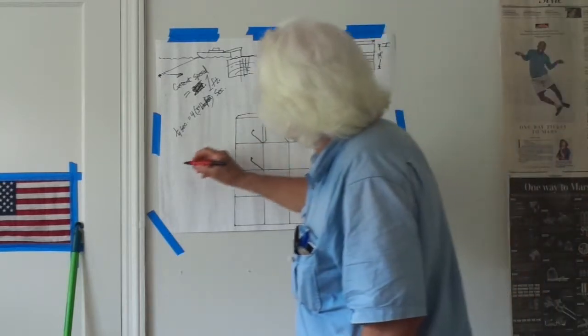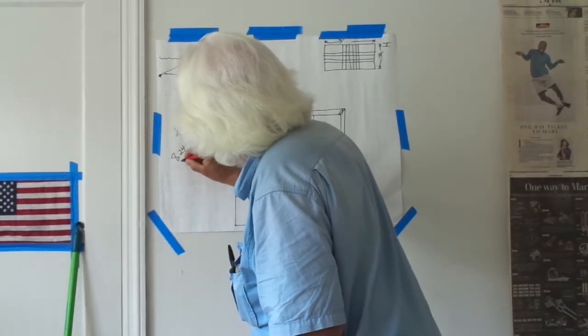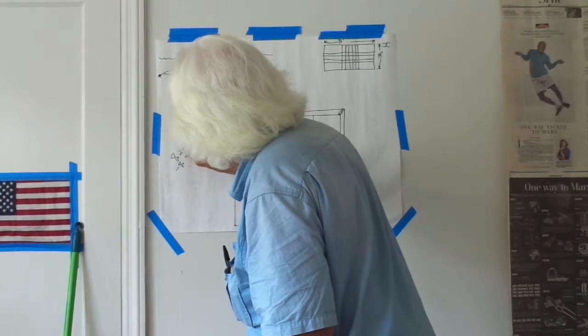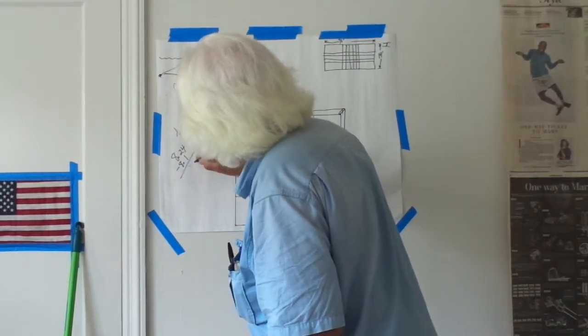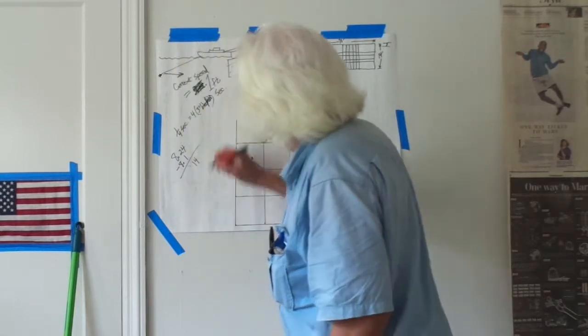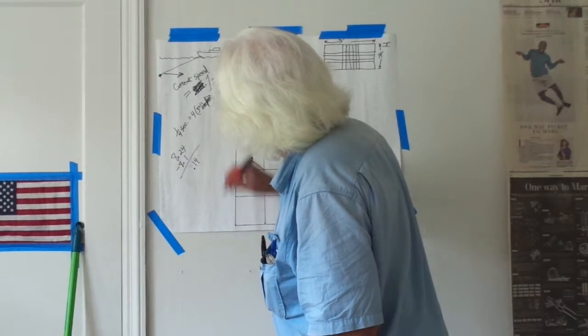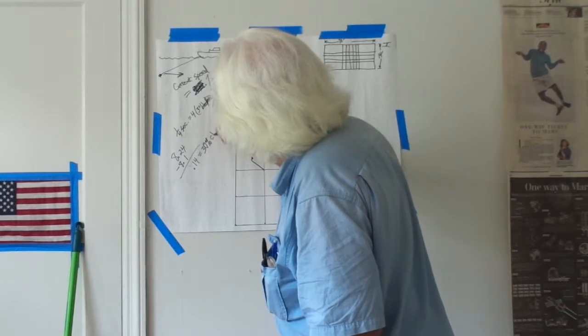Okay, now let's do this. 8.24 minus 8.1 is 0.14, which equals a 30% change.